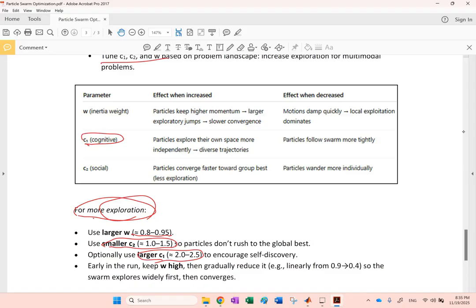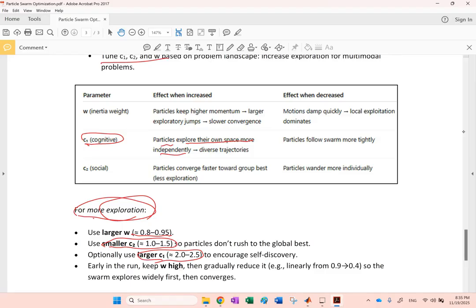C1 is your local best, your cognitive one. When you increase C1, what's going to happen? Each particle will explore its own space independently. They are not going to be affected too much by whoever says, hey, I found the best one. They try to look around them.